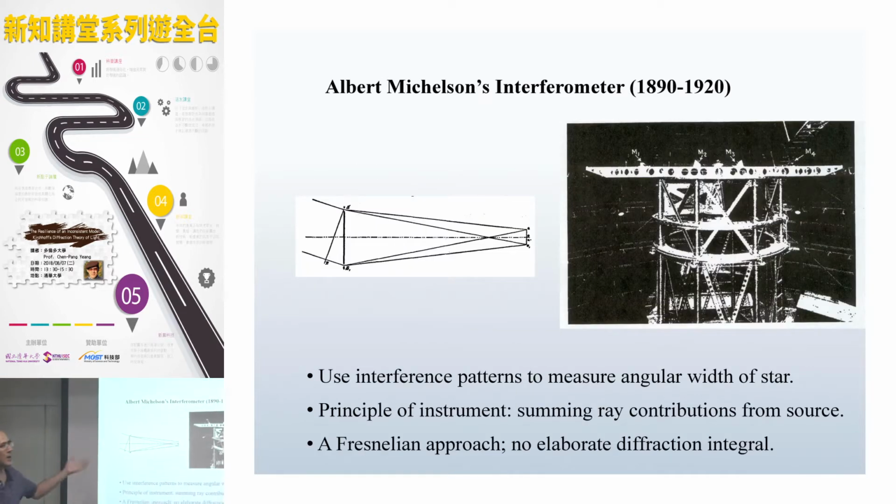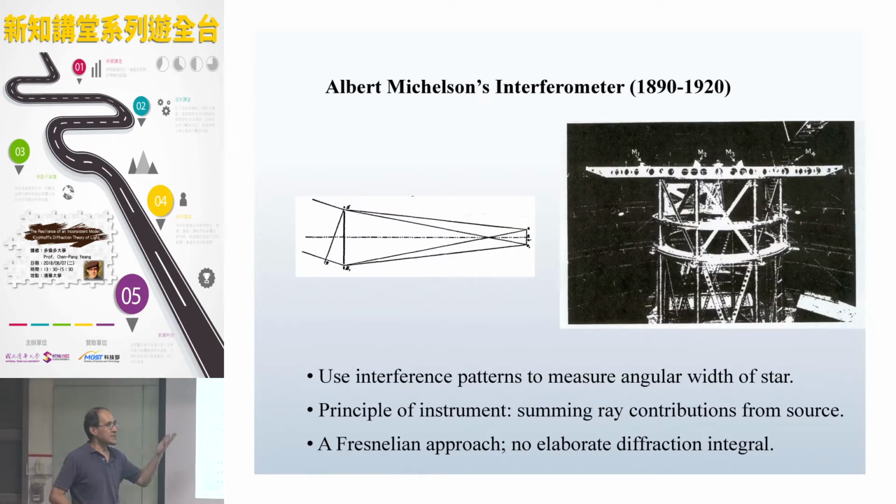Okay, so here's another small example to show you the resilience of the Fresnel platform. These are the interferometers that Albert Michelson used in the early 20th century to do astronomical observation. And you may know that Michelson was one of the two experimenters to do the interference experiment that gave trouble to the existence of ether, eventually leading to Einstein's theory of relativity.